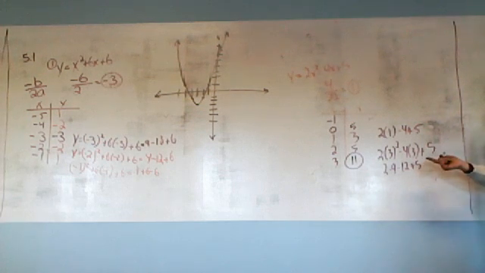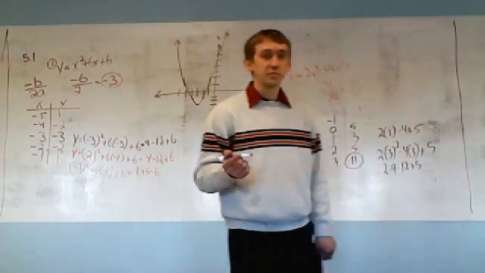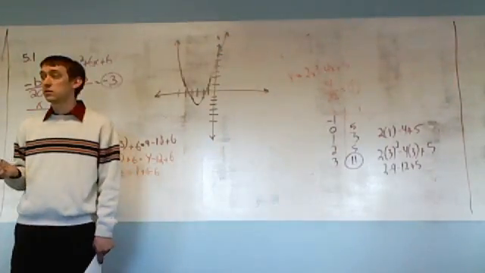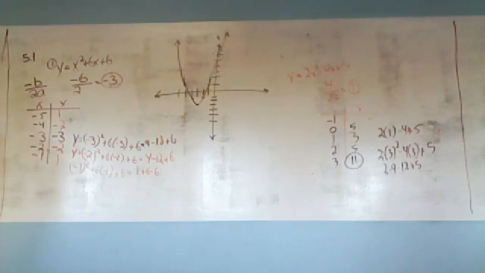Any questions on how to graph this one? Are we feeling okay on it? Make sure you're remembering negative b over 2a, and make sure you're plugging them in and finding the values correctly. That's really all you need to do for that first section.